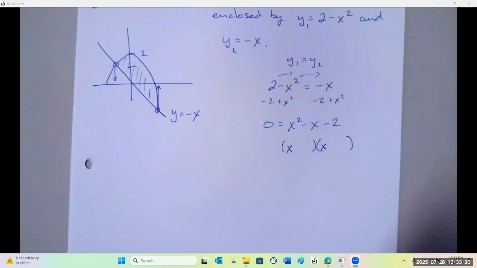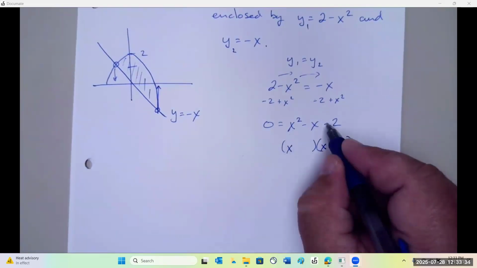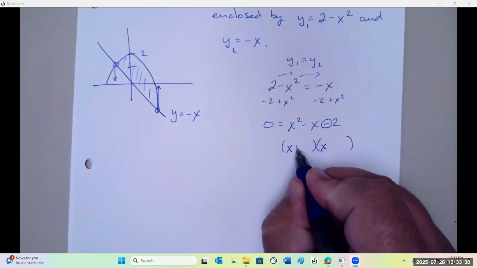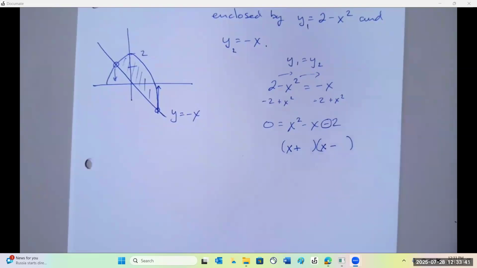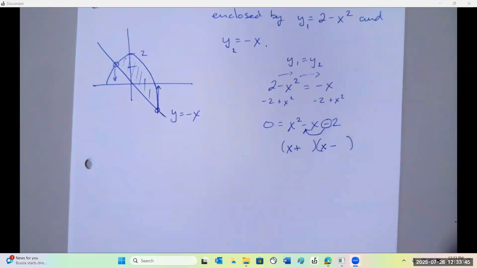See if we can factor it. X squared is made of x times x. The second sign is negative, which tells us the signs are opposite, and the bigger number is going to have the negative sign.